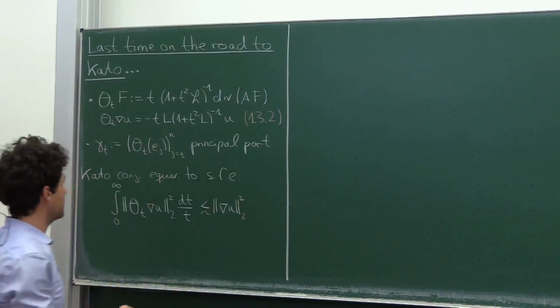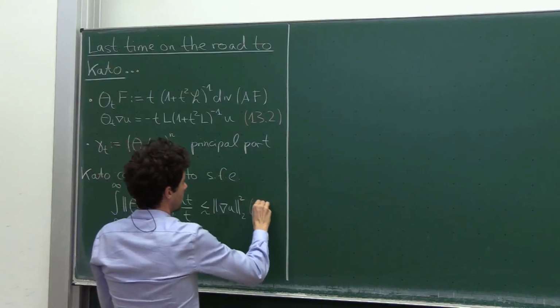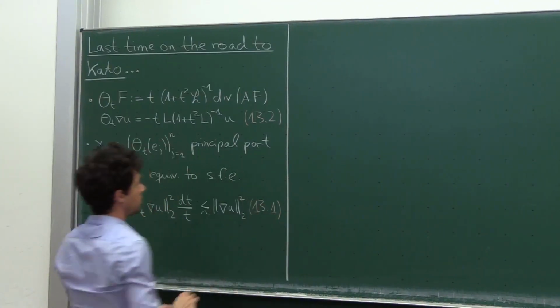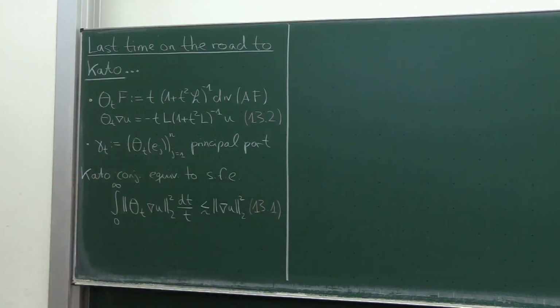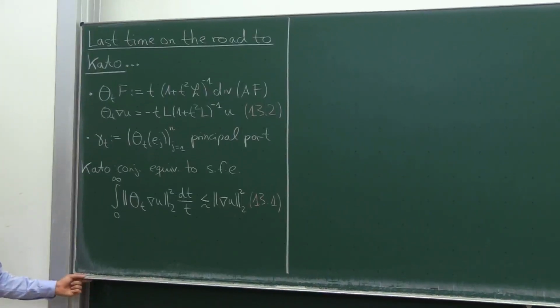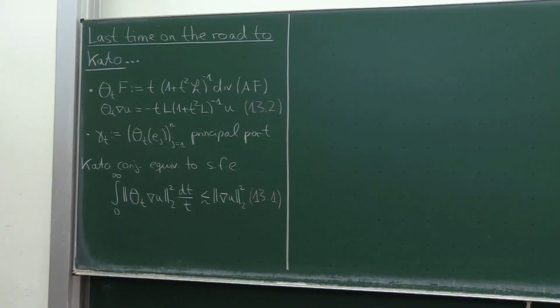That's an estimate that last time we called 13.1. Then I explained to you the general strategy coming from papers of Christ and Journé and Semmes using a principal part approximation and a Carleson measure estimate, and we agreed that this week is going to be principal part approximation time, and then next week is going to be Carleson time.